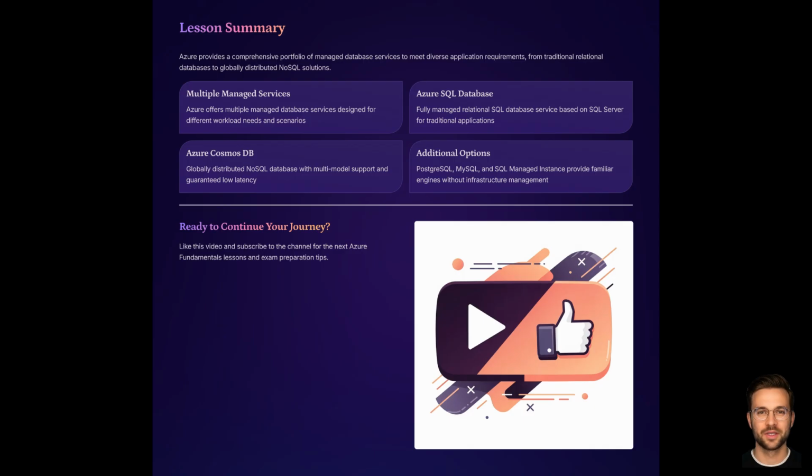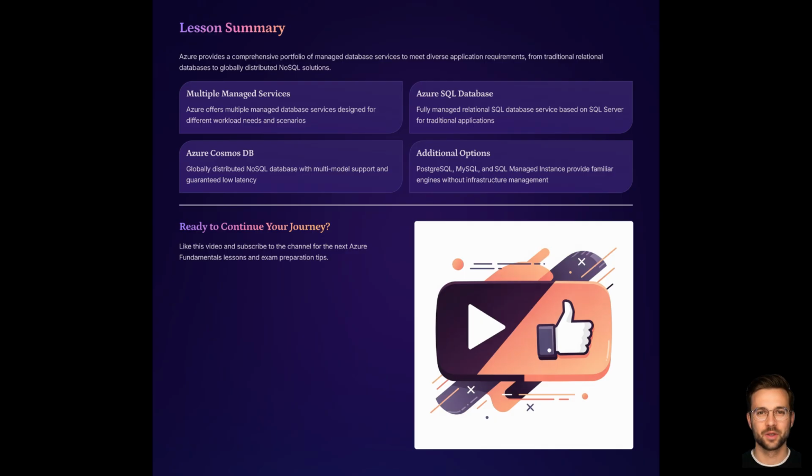Let's recap what you learned in this lesson. You reviewed the difference between relational and non-relational databases. You learned that Azure SQL Database is a fully managed relational database as a service based on the SQL Server engine, where Azure manages the infrastructure and database platform, and you focus on data and schema. You saw that Azure Cosmos DB is a globally distributed, multi-model database service designed for low-latency access to data at global scale and supporting multiple APIs and data models.